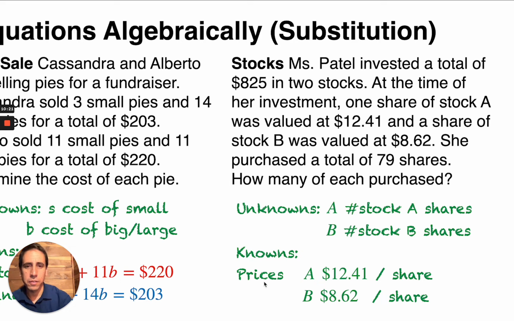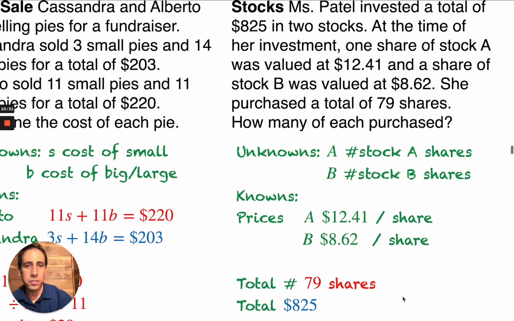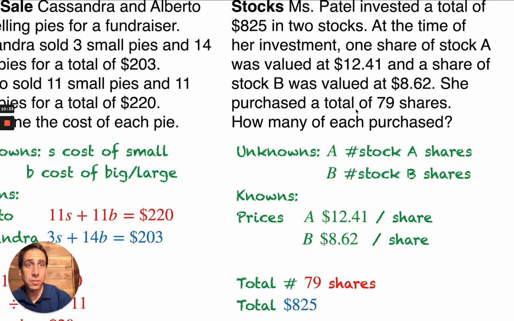What do I know? We're going to know the prices. The price A was $12.41 a share, and B was $8.62 a share. We also have some totals. You can see the word totals right here. Total 79 shares. Total $825. That's great.